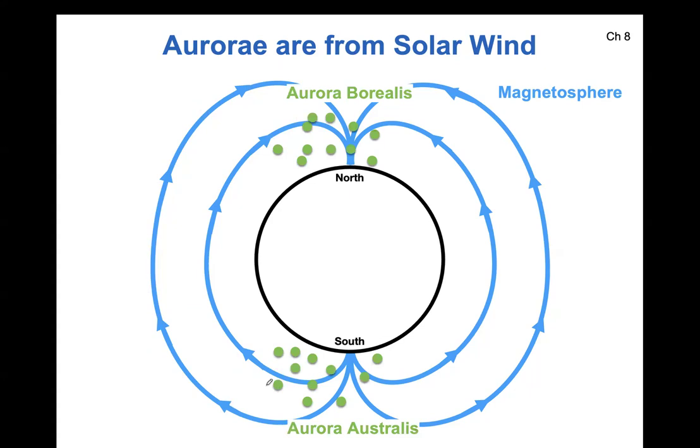By following those field lines, they cannot make their way to, say, the equatorial latitudes. There's no way, because they can't jump across field lines. So none of the electrons are able to make it anywhere near the equator or the smaller latitudes. But they are able to get funneled down to the northern latitudes.